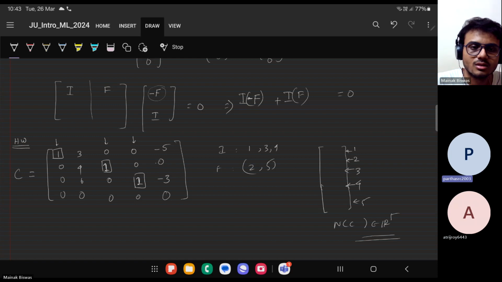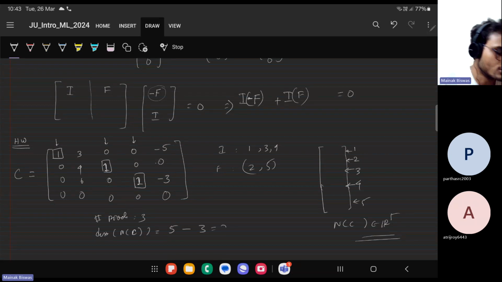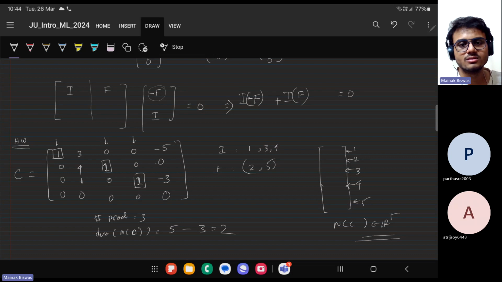It's going to be 2. I am asking how many pivots. It is 3. So the dimension of the null space of C is equal to 5 minus 3, which is equal to 2. Right? Agreed? Yes.